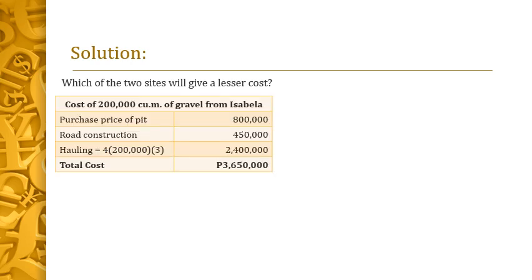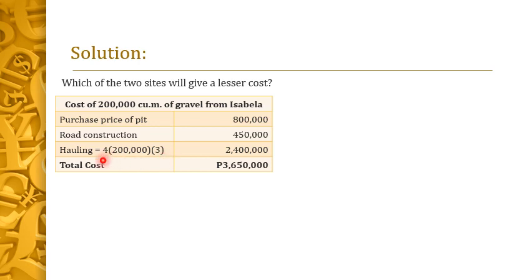First, let's consider the cost of 200,000 cubic meters of gravel from Isabela. From the problem, the purchase price of pit is 800,000. The road construction is 450,000. And the hauling cost is 4 pesos per cubic meter per kilometer. So we need to multiply 4 with the volume and length, which are 200,000 cubic meters and 3 kilometers respectively.